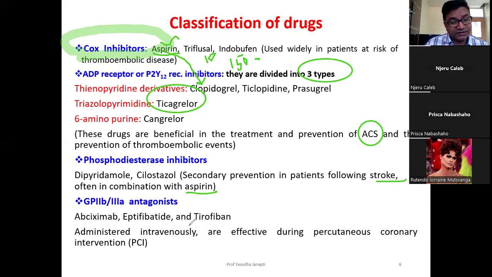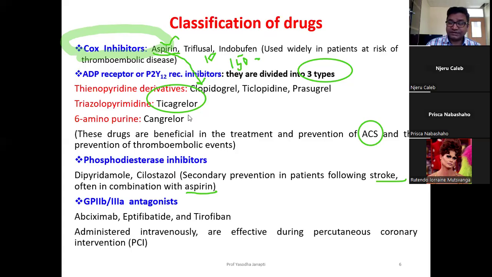These are some of the drugs classified under GP2B and 3A antagonists. They are administered intravenously, effective during percutaneous coronary intervention. They are mainly used along with the other cardiovascular drugs we have discussed.